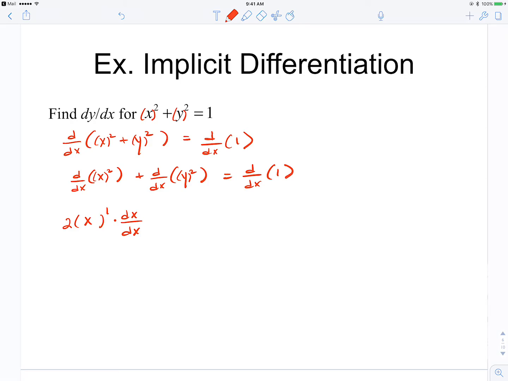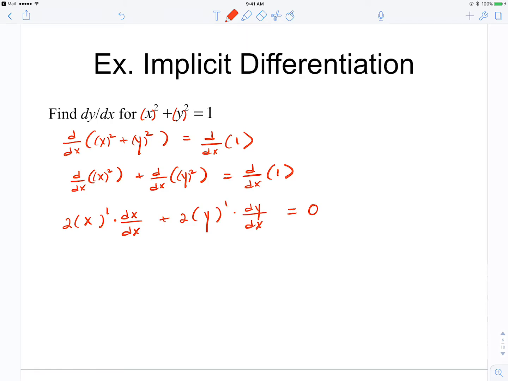Now here's the new part. When we want to differentiate y squared with respect to x, let's think chain rule. So differentiate the outside, leave the inside alone, and then we multiply by the derivative of the inside with respect to x, which would be dy over dx. And we know that the derivative of a constant will just be 0.